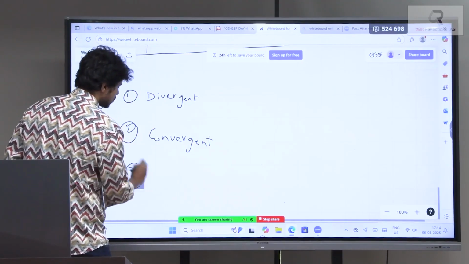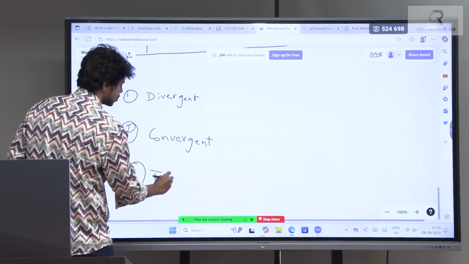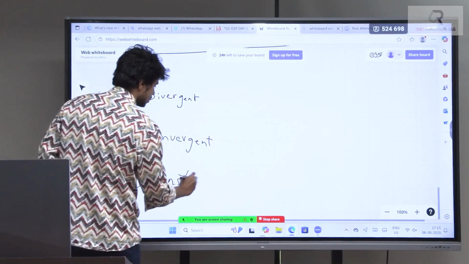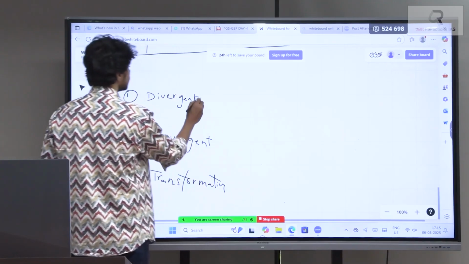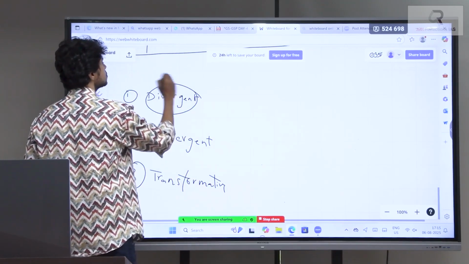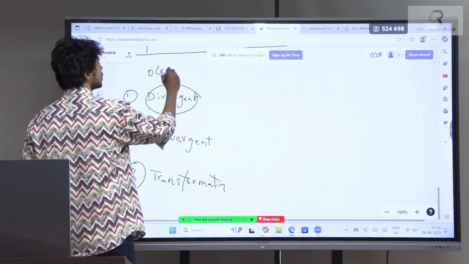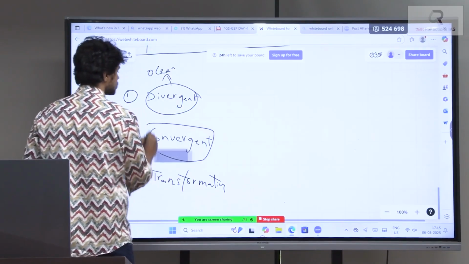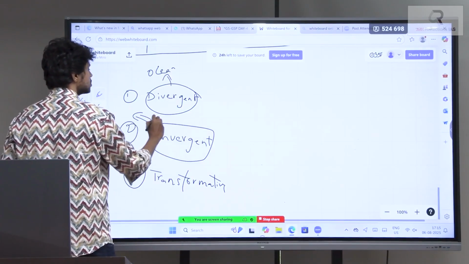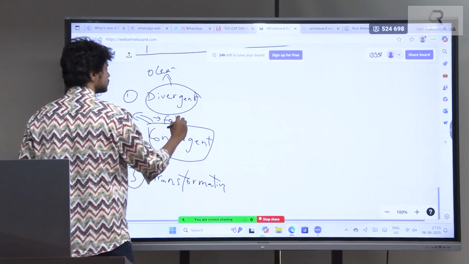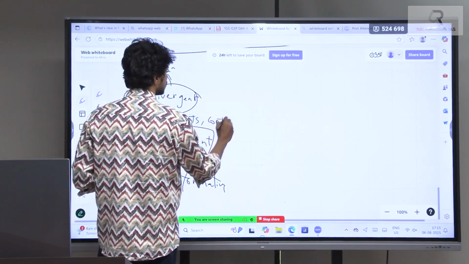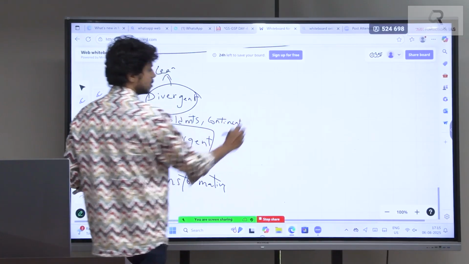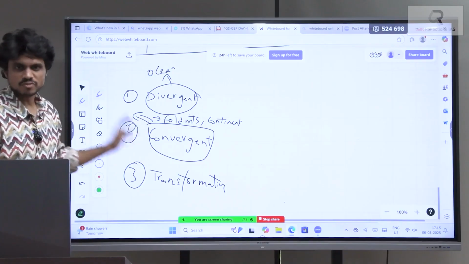And third is the transform boundary, which does not play much role. This divergent plate boundary is responsible for the formation of the oceans. Convergent is responsible for the formation of fold mountains and the continents. This would be my first para.